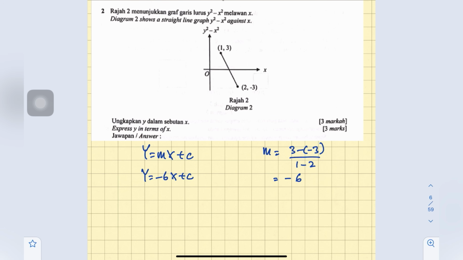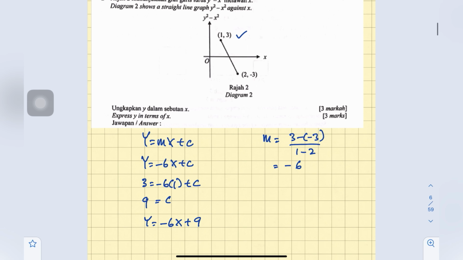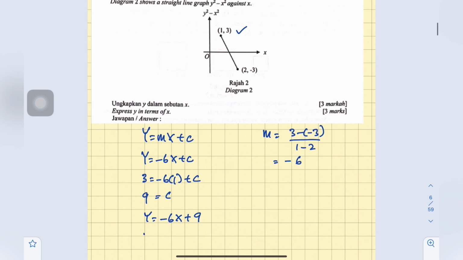So we can substitute any point to find C. Okay, let's say I choose this point, so Y is 3, negative 6, X is 1 plus C. So C equals to 9. Okay, so therefore, the equation is big Y equals to negative 6x plus 9. Okay, so then the big Y is y squared minus x squared. So we substitute y squared minus x squared equals to negative 6x plus 9.